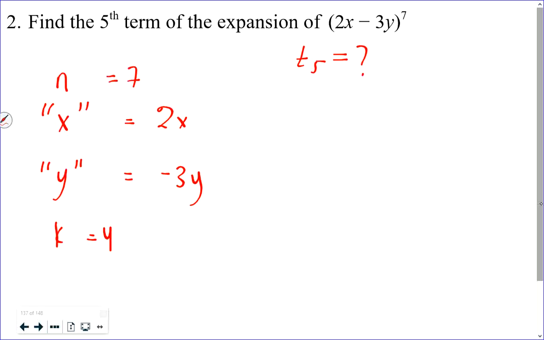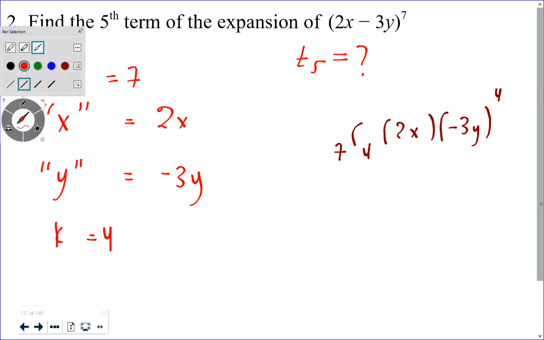N is 7, x is 2x, y is negative 3y. So I know that the coefficient of this term, in terms of what we've learned, is 7 choose 4. It's n choose the key number. I know that there will be x's and there will be y's, and I know that the exponent on y matches the key number. These two things always must be equal.